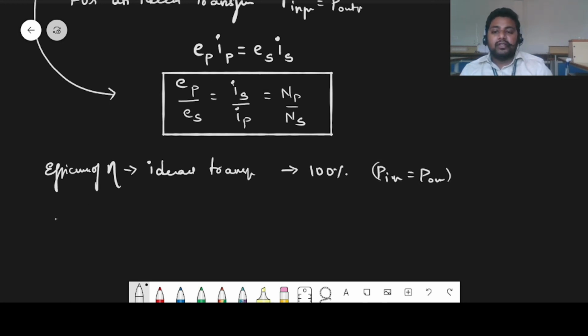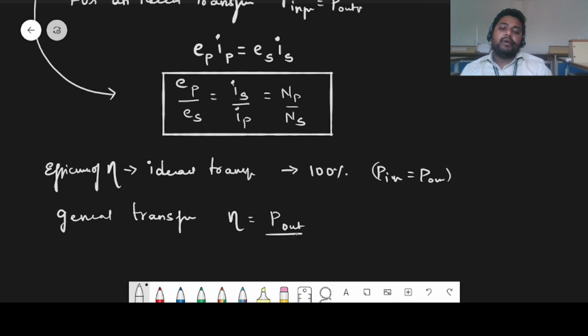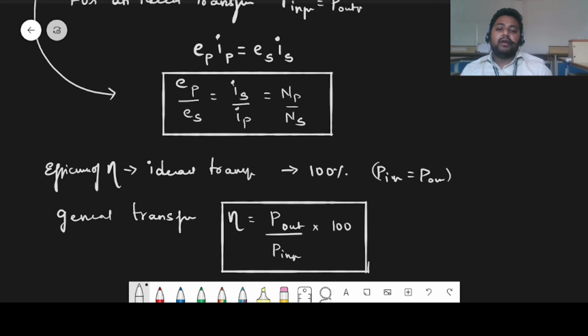But for a general or real transformer, efficiency can be written as power output divided by power input into 100. Okay, so this is what we can write as a general formula. Power output over power input: ES into IS divided by EP into IP into 100. That is what we can write in this condition.